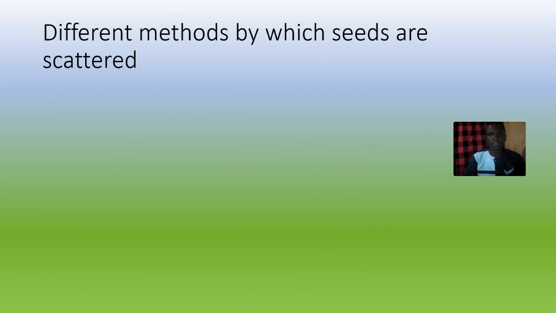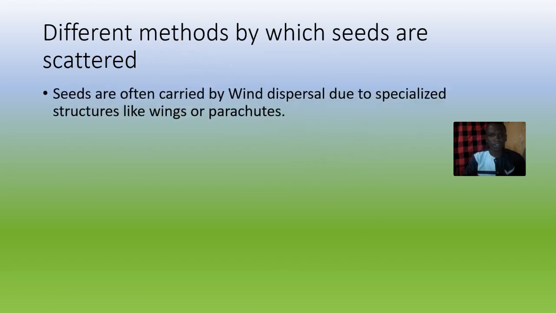So, different methods by which seeds are scattered. One of them is that seeds are often carried by wind dispersal due to specialized structures like wings or parachutes.